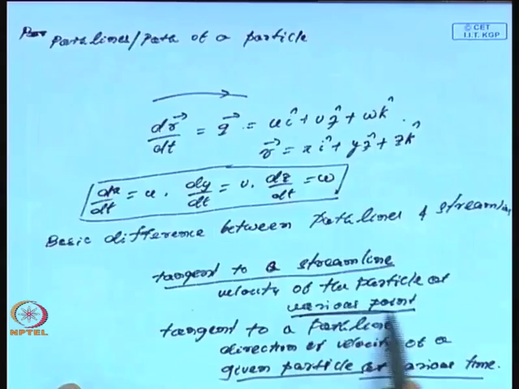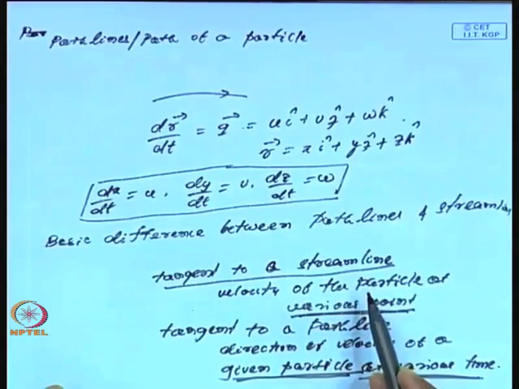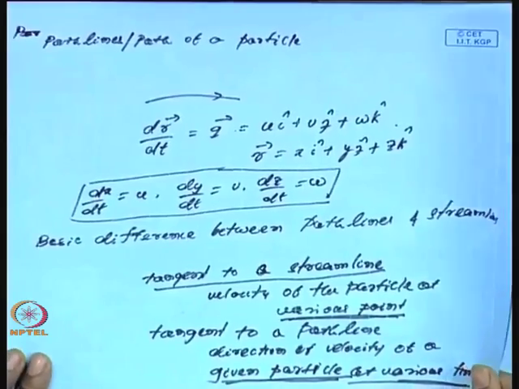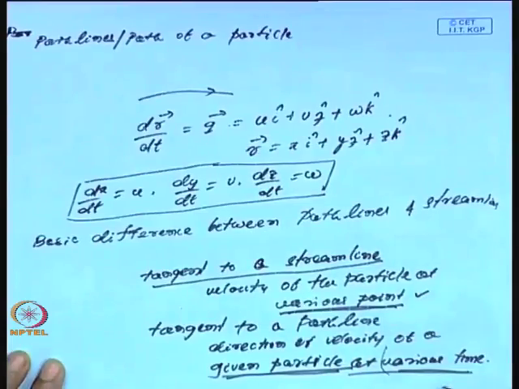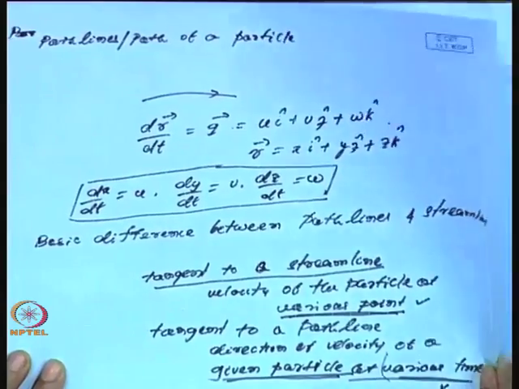Here it is various points, here various times: the given, particular particle at various times, whereas in the case of streamlines it gives various points at the same time. Basically here time is fixed, and in this case time is varying, and position is fixed.